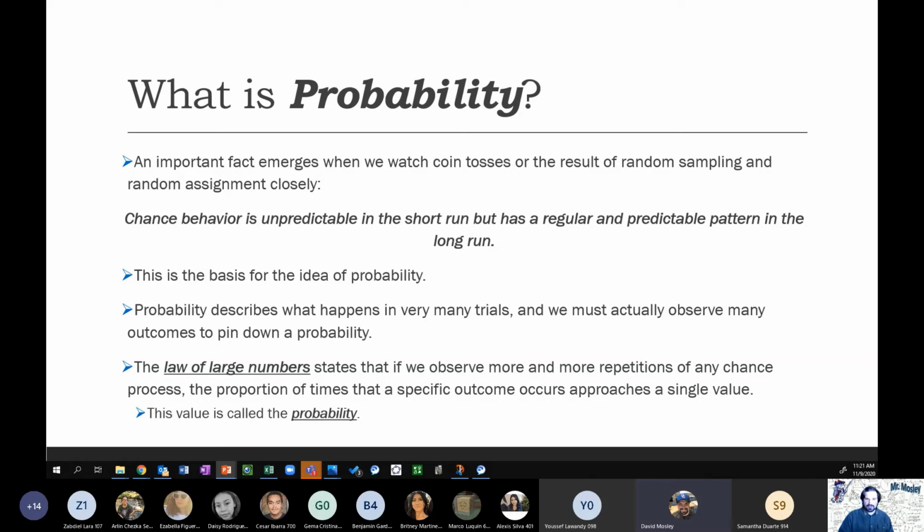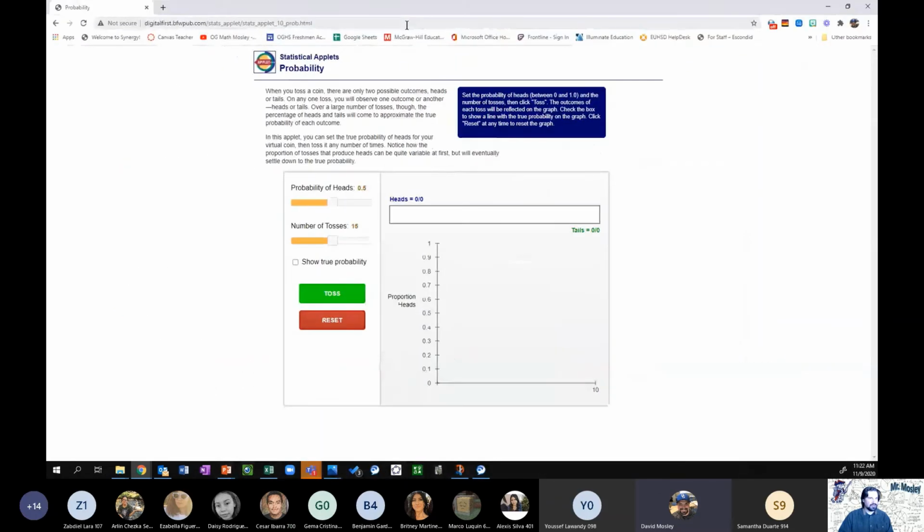So let's look at something real quick because we have time. All right, so here's this little applet, which I have linked in the live class resources for today as well.